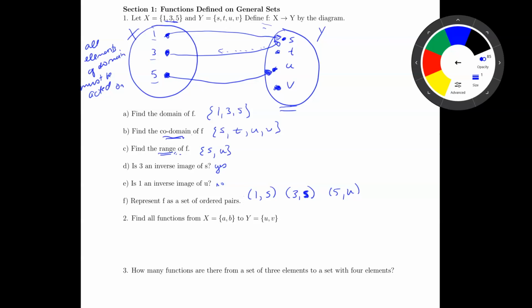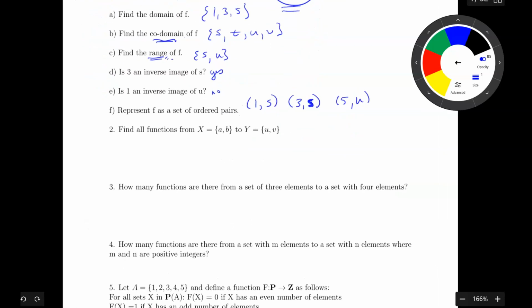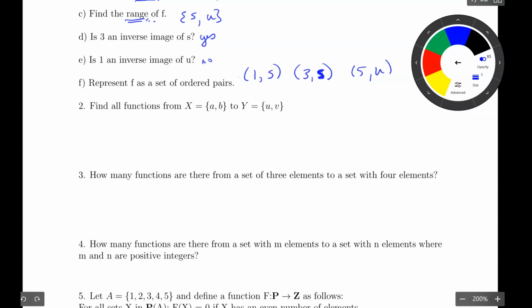So let's get you to be creative. Let me make a little more space here. So find all the different functions that go from this set to this set. So let's just do it by pictures. So if I have the set here, here would be A, and here would be B, for that's the set X, and here's the set Y. And again, I'm just going to encourage you to put the dots on the inside, right?